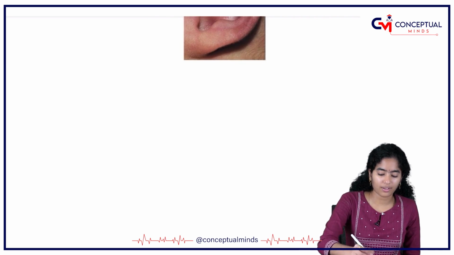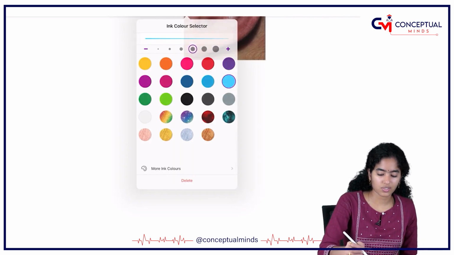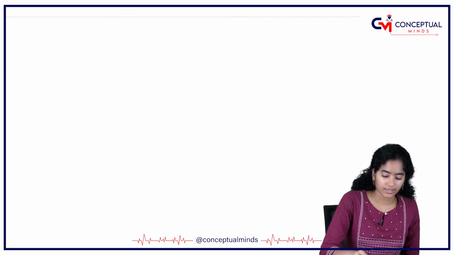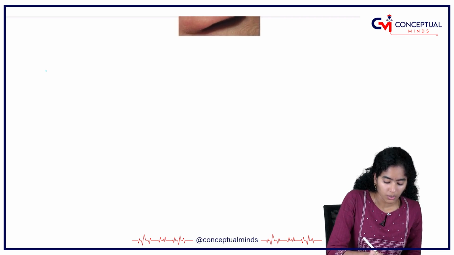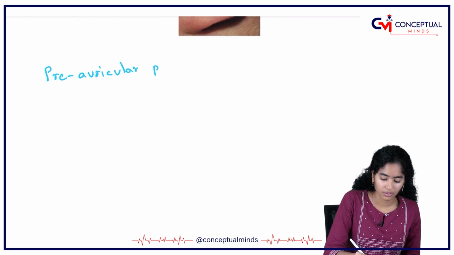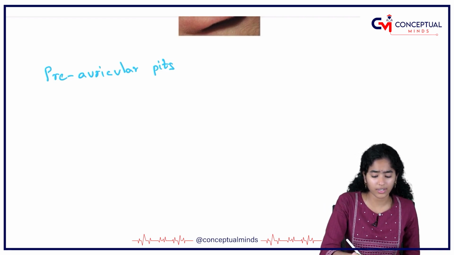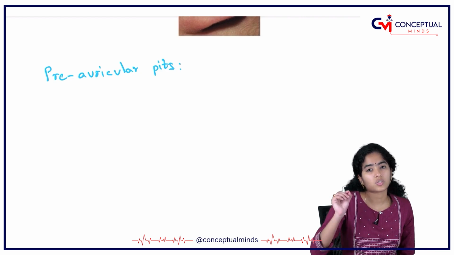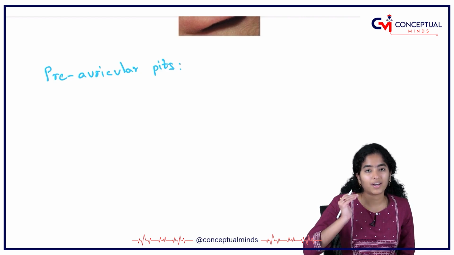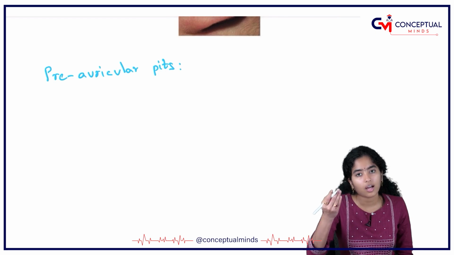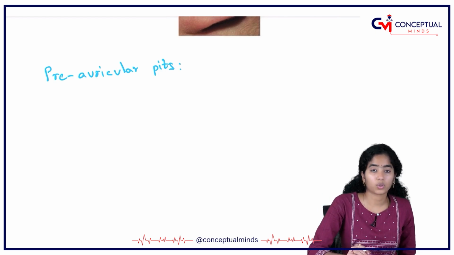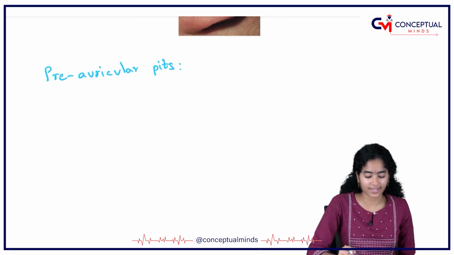Apart from this, we have another two conditions, and they are preauricular pits and preauricular sinuses. So preauricular pit is a small pit seen above the tragus and below the helix, below the ascending part of the helix.